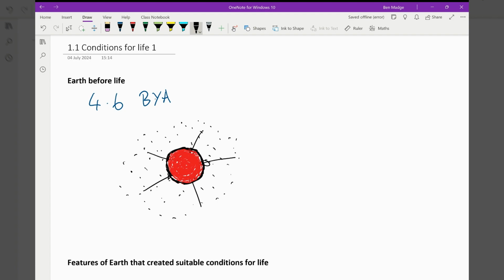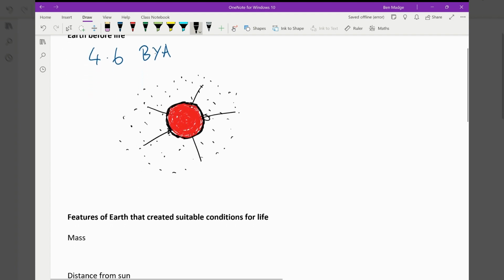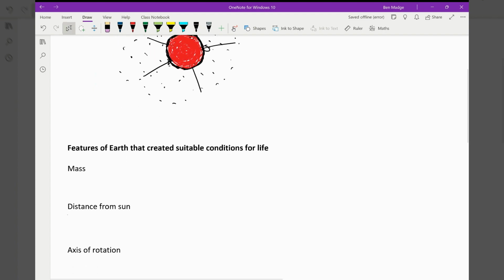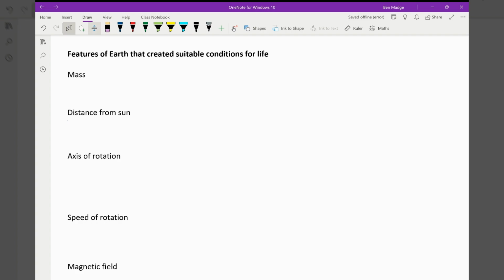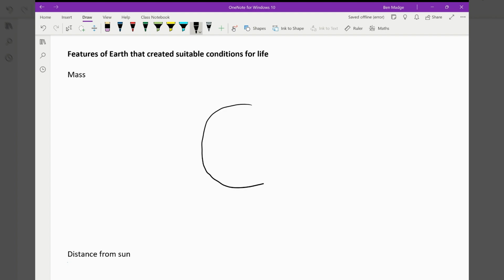So some of the features of this planet that made life possible includes the mass of the planet. So our planet is big enough that it retains an atmosphere.